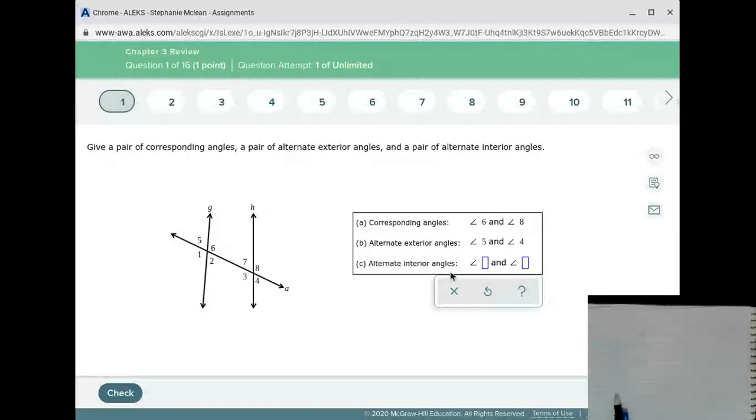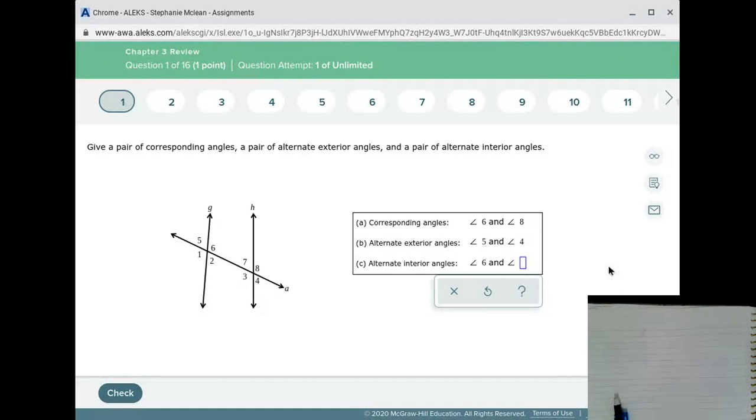Now, alternate interior angles are the same type of concept, except we're in between the two lines. So in between these two lines, if I have angle 6 and angle 3, they're on alternate sides of the transversal, and they're interior to line G and line H. So 6 and 3 are examples of alternate interior angles.